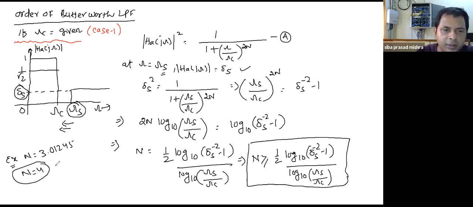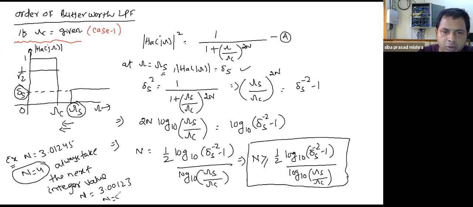This is very, very important, because you always want a higher order filter. Even if n equals 3.00123, n equals 4. Or if you get n equals 1.296, n equals 2. If a decimal value comes, always take the next integer value.